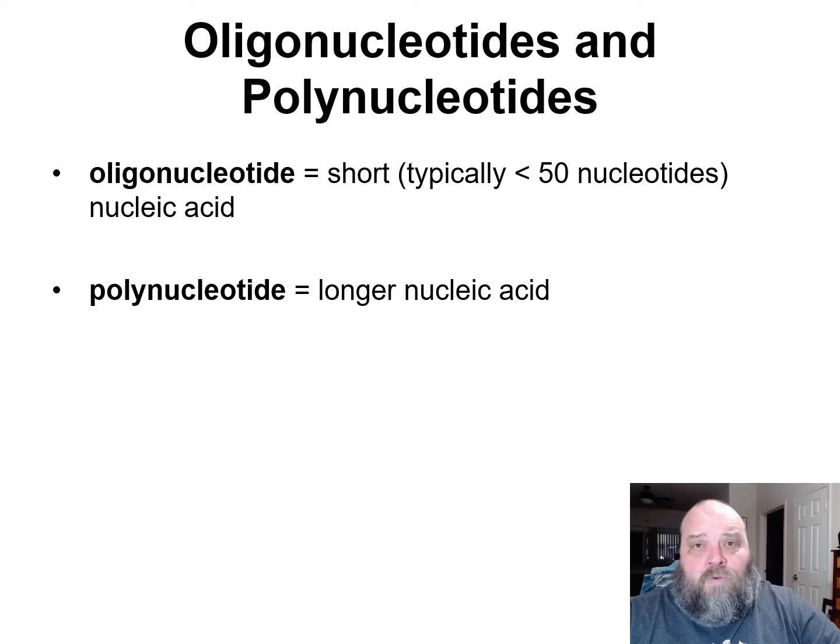They have their own jobs, whether it's DNA or RNA. But then you're also going to see much, much longer sequences. How much longer? I don't know. Hundreds, thousands, billions of nucleotides. Yeah, that's a polynucleotide.